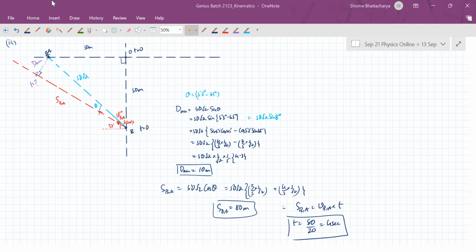So in A's frame, B has traveled 80 meters in that much time when it's come to the closest point. So in this method, we are using B's motion relative to A.